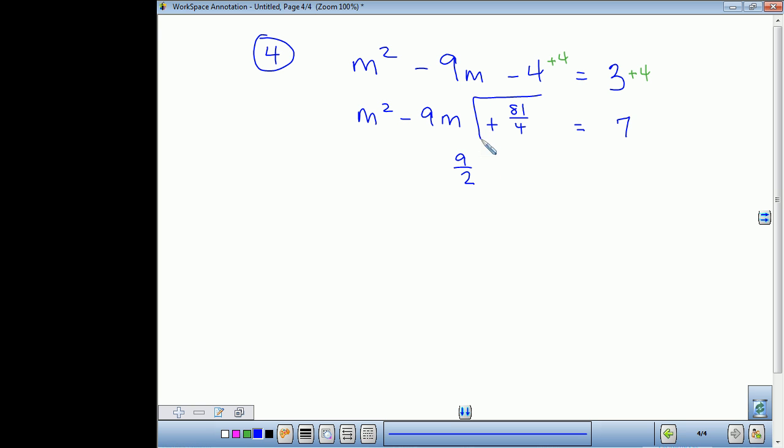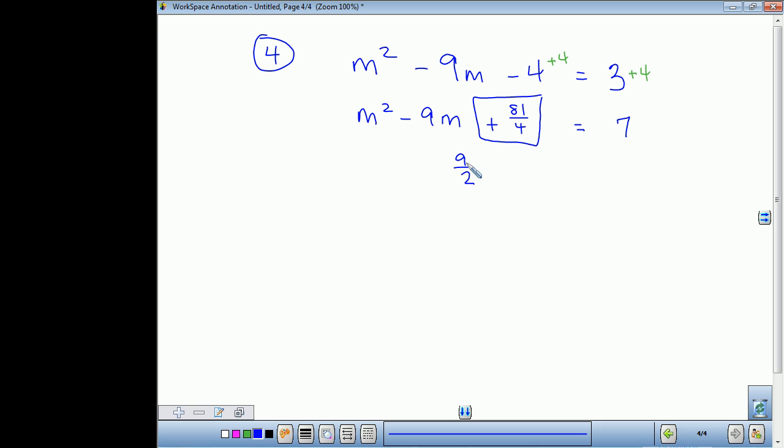Okay. All right. Here's the cool thing about your calculators. If you're not good with fractions, punch it in your calculator. 9 divide by 2, enter, and then square it. And did you guys know that even the graphing calculators will turn a decimal into a fraction for you?